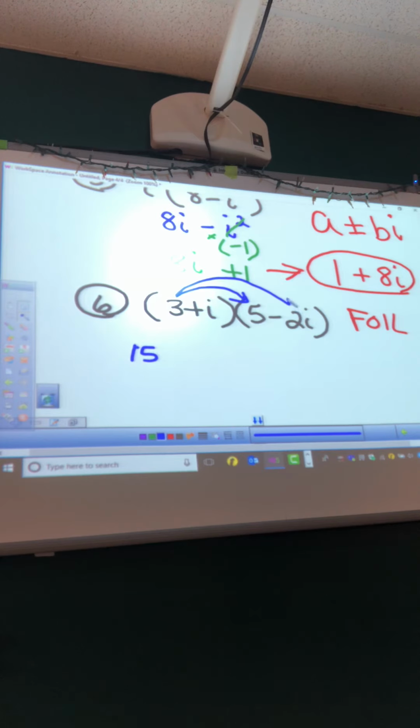3 times my 2i, which are the outside terms, so 3 times a negative 2i is? Negative 6i. Very good. Then I move to my inside terms, so moving to the i times my 5 is? 5i. And then we move to the last and the last, which is that i times a negative 2i.